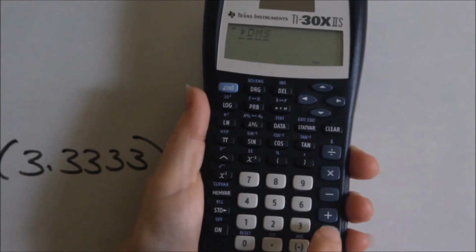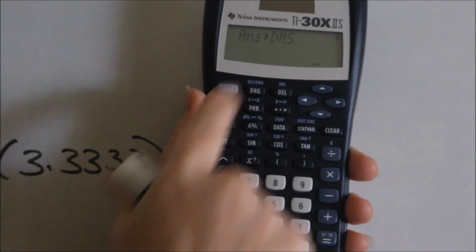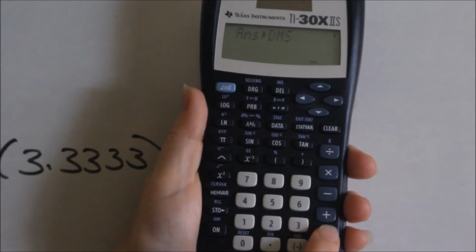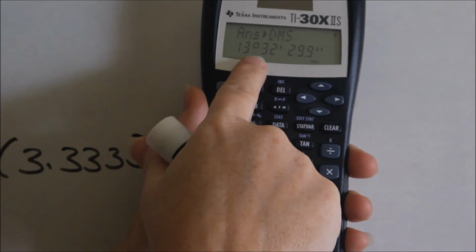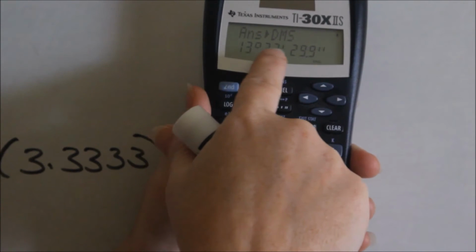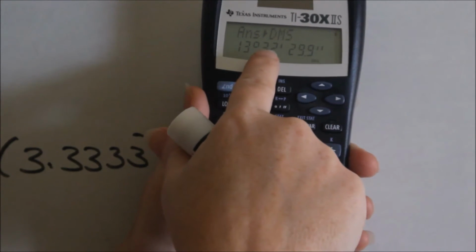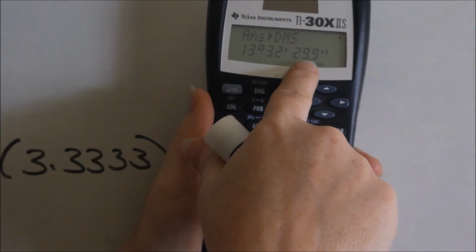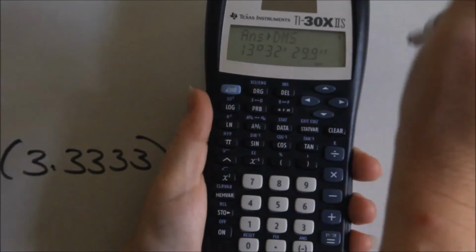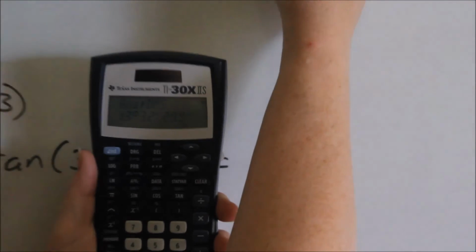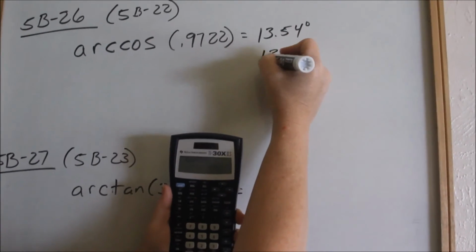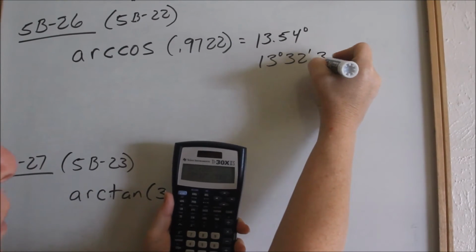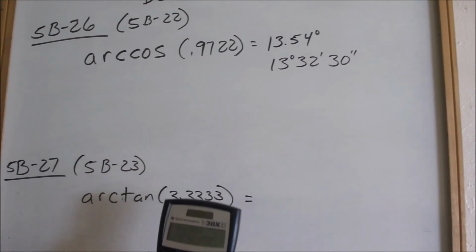So I'm already in decimal, and then it's going to take my answer and put it into DMS, and I can hit enter again, and then that tells me that it's 13 degrees, 32 minutes, 29.9 seconds, and we can just round that to 30 seconds. Okay, so I can make that 13 degrees, 32 minutes, and I'm just going to round up to 30 seconds.